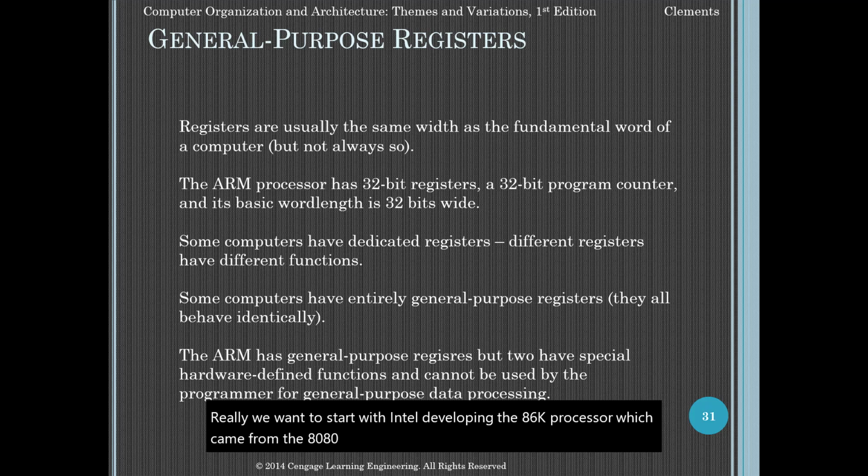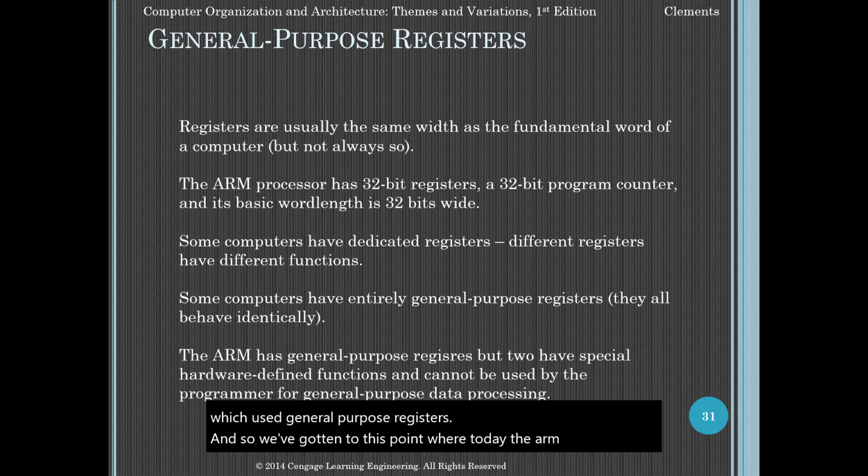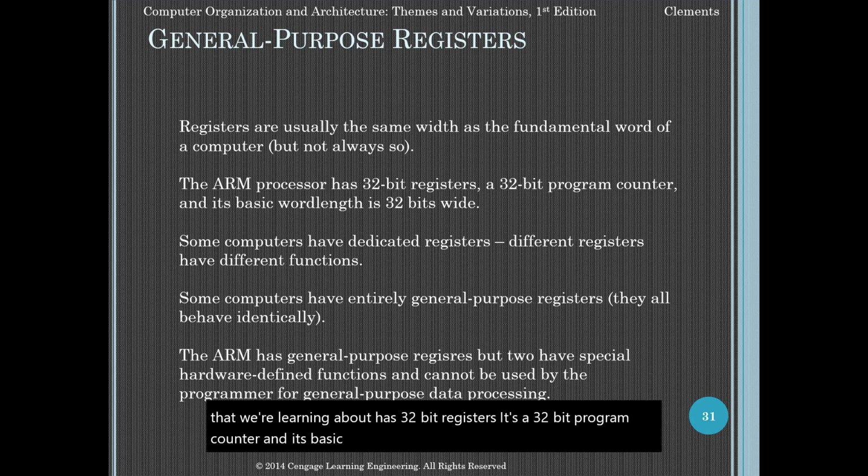It was a 32-bit machine with 32-bit registers. And there was like this competition between Intel and Motorola. Motorola took some different approaches to register architecture than Intel, which used general purpose registers. And so we've gotten to this point where today the ARM processor that we're learning about has 32-bit registers. It has a 32-bit program counter, and its basic word length is 32 bits wide.